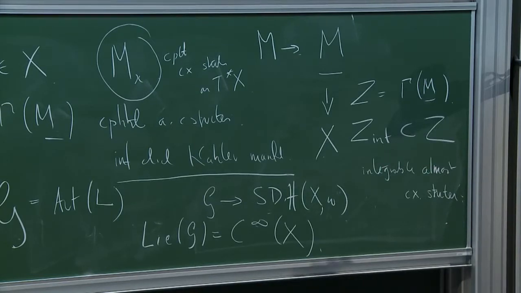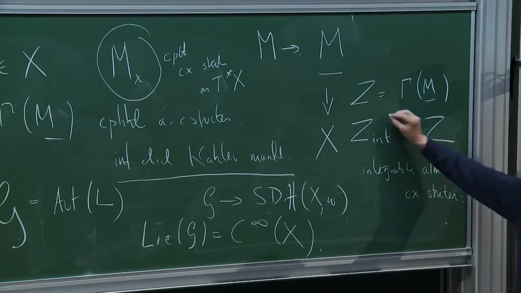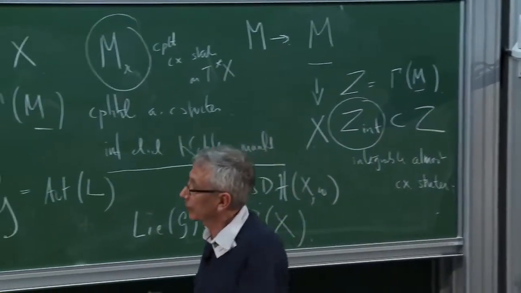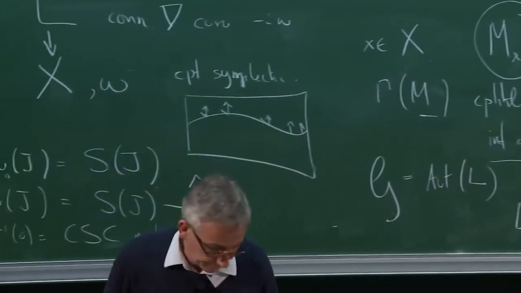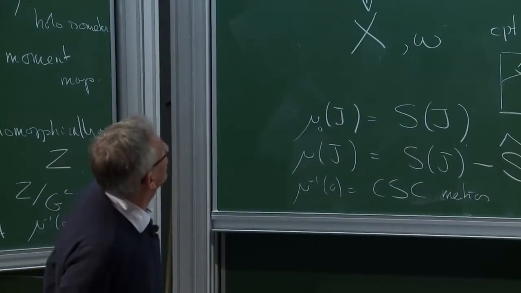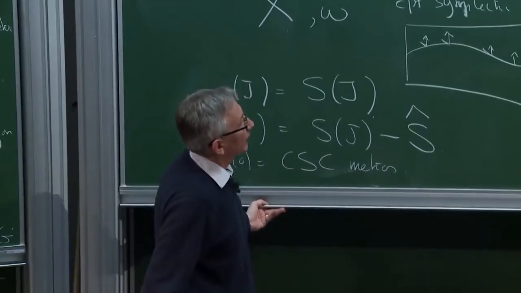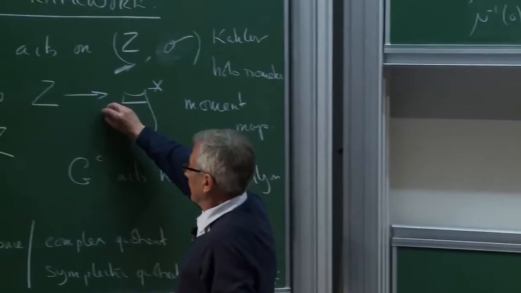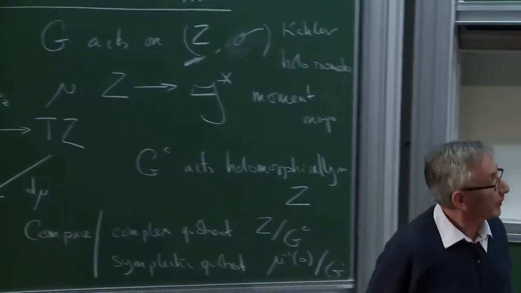In fact, for the problem we started with, we're only really interested in the subset given by the integrable almost complex structures. And so indeed, we can look at finding the constant scalar curvature metrics as fitting into this framework.